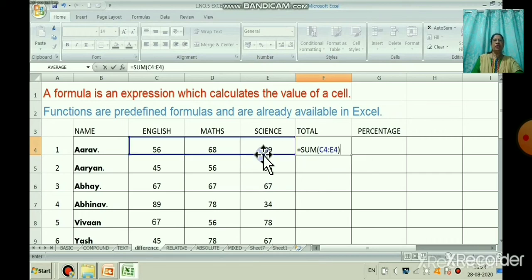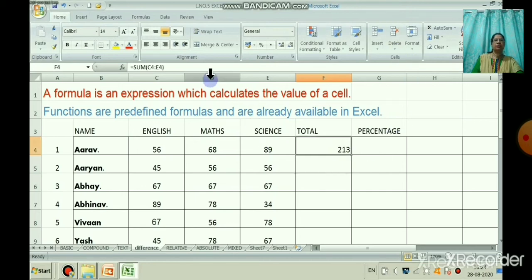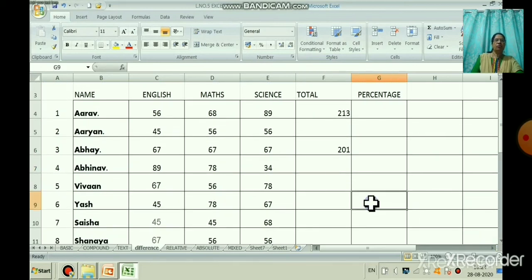We use equal to sum. The same thing we can do with a formula also. How will you use the formula? Equal to sign, I will take the first cell, that is C6 plus, then the next cell, and again I am using the plus sign. So this is a formula. You can use either functions or formula.